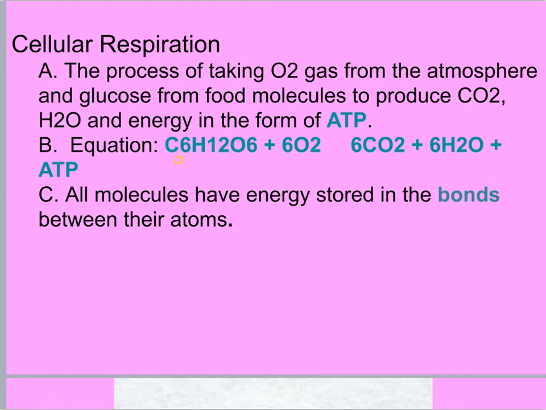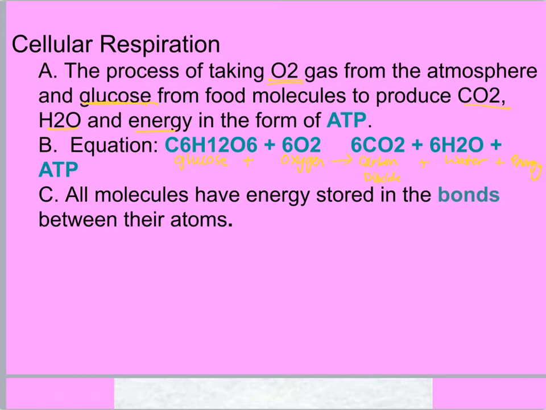Okay, so you have glucose plus oxygen yields carbon dioxide, water, and energy. And it says so up at the top here. Oxygen, glucose, carbon dioxide, water, energy. So anyway, you do need to know these equations for both photosynthesis and cellular respiration.